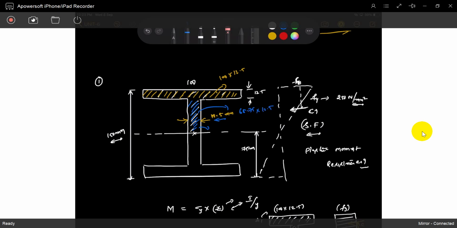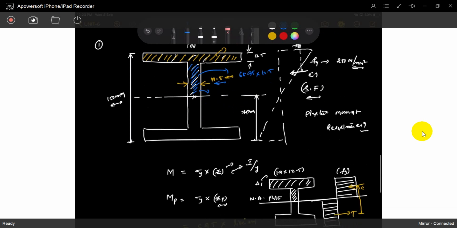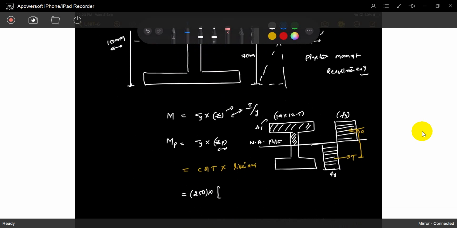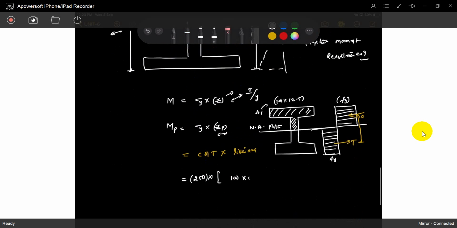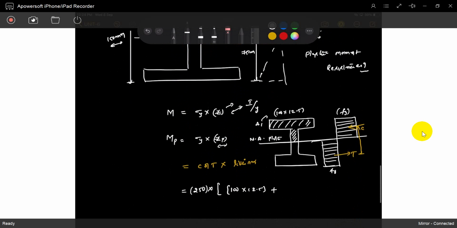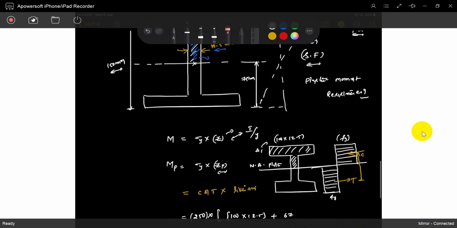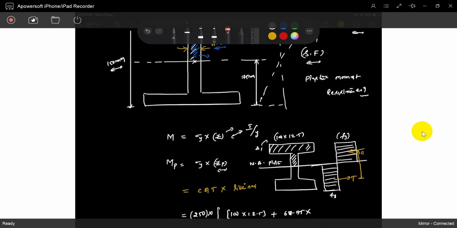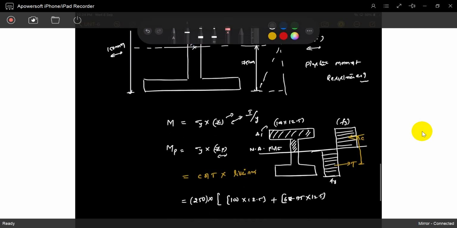The thickness is 12.5. So you can write it: 100 multiplied with 12.5 is one area, and another area is 68.75 multiplied with 12.5.